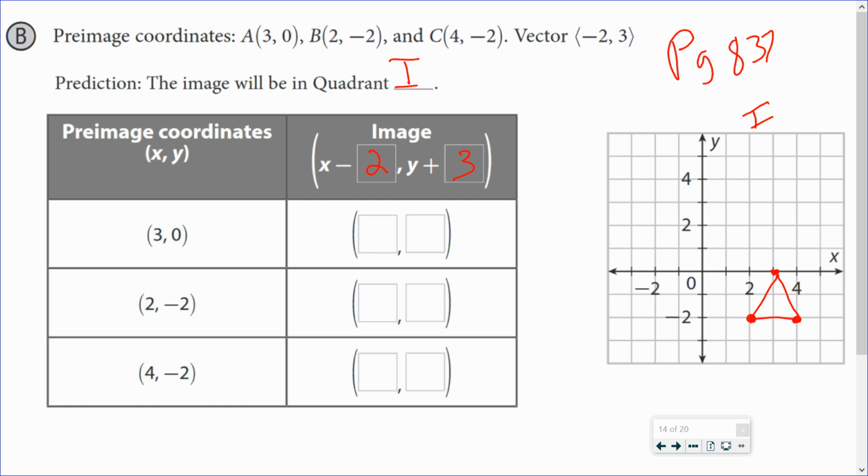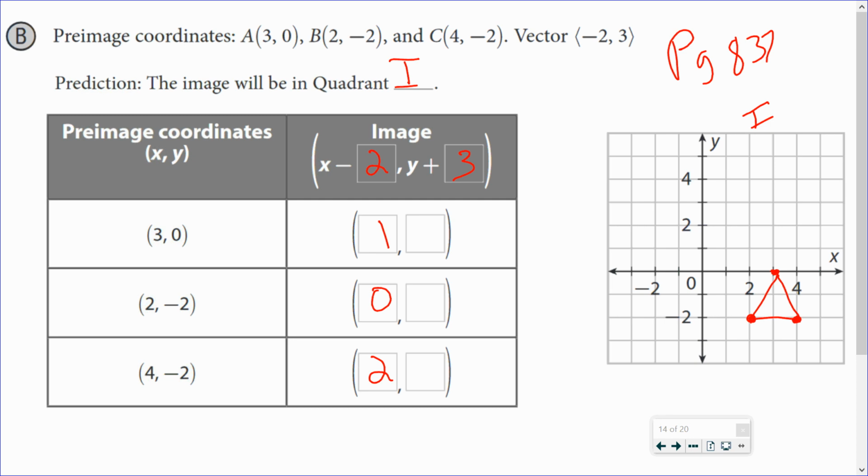If we subtract 2 from 3 here, that's going to get us 1. If we subtract 2 from this 2 over here, that's going to get us 0. And if we subtract 2 from this 4, that's going to give us 2. And that's going to be my left and right translations there. And it's really left because we're going 2 to the left.